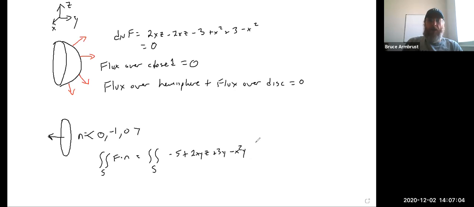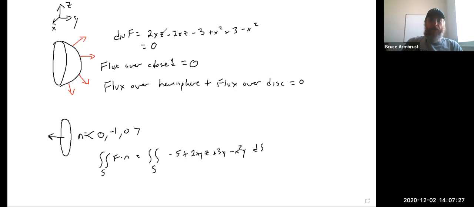And we're going to integrate that over the surface. Now, this surface is planar. This is just a regular old double integral. Even better, we can simplify this.